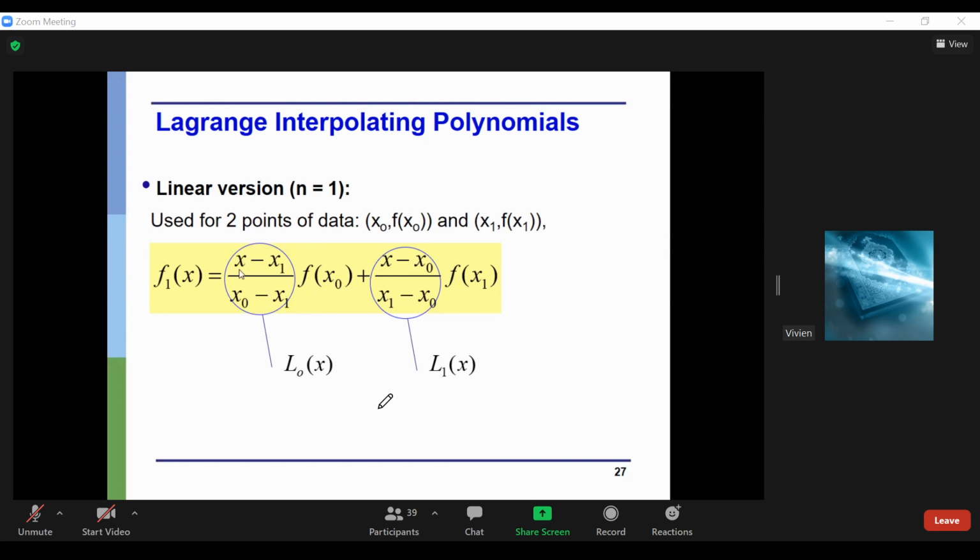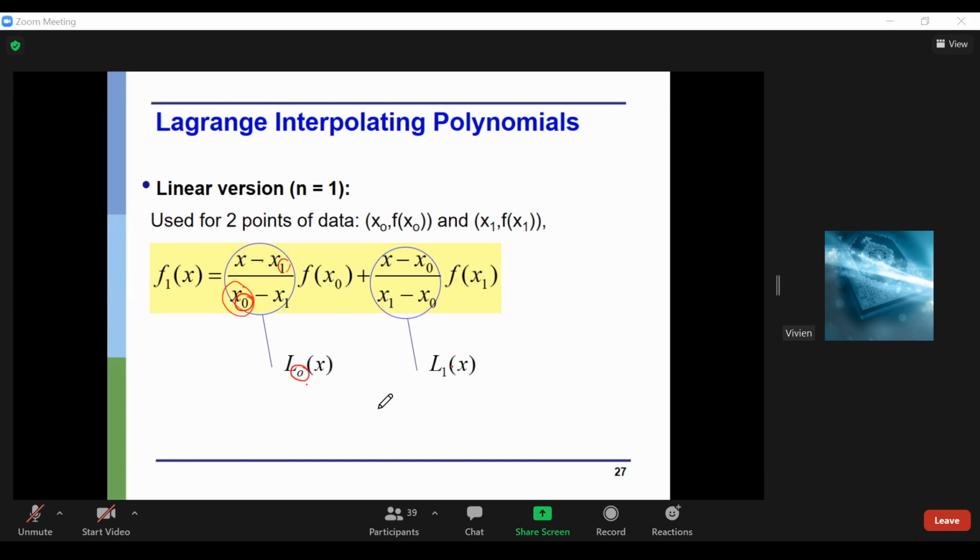So we see here that this will start with a value which is not equal to 0. So x minus x1 is not equal to 0, but it is divided by x0 minus x1. So you see here that x0 comes first, minus the other value except x0.